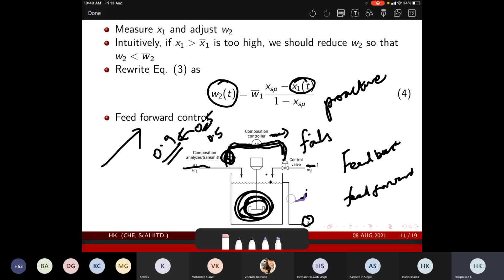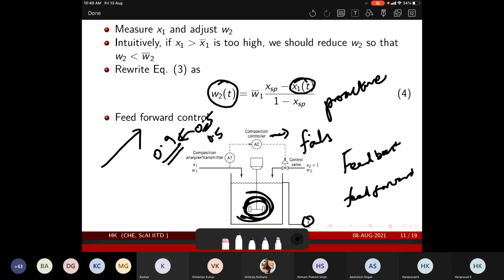No, there are two things, right? So hold on. Here, you need to know how this change is going to affect your output, because your control action is an anticipatory control action, correct? So let's say a delta change here. You should know how that affects here. Are you getting that point?